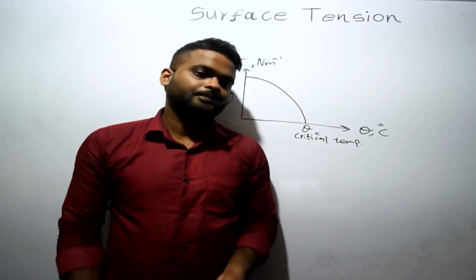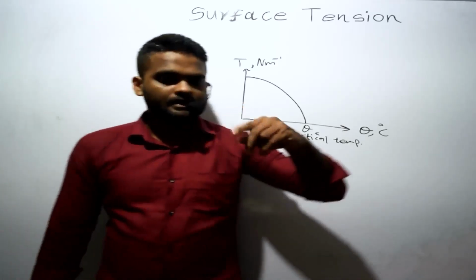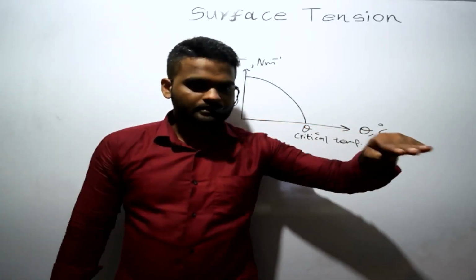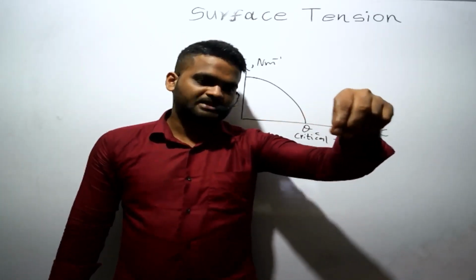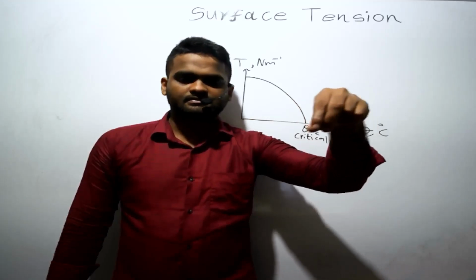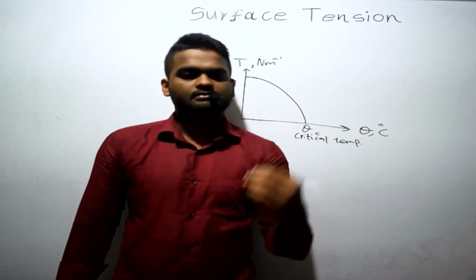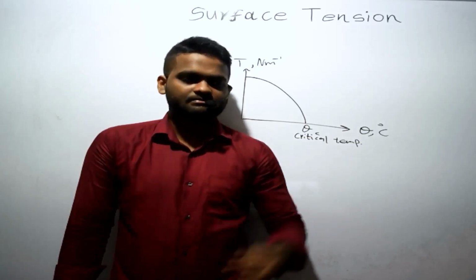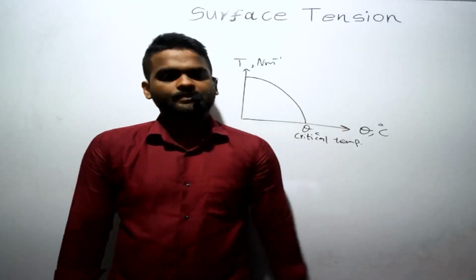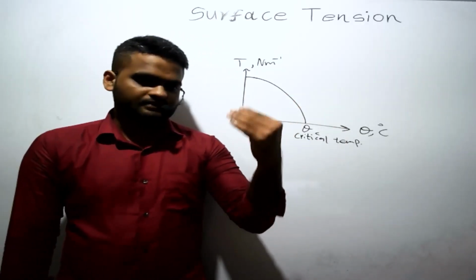So let's say you have water, and you put some dirt over the water surface. What happens is surface tension drops. It is less clean because it has dirt, so surface tension changes.